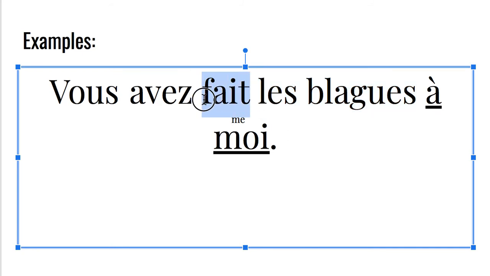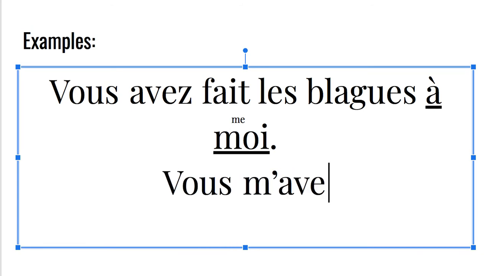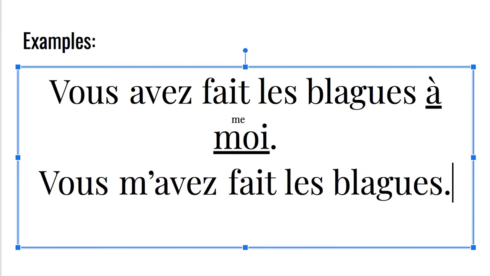Fait is a past participle with avez. So, because I have passé composé, I have to place my me right here before my avez. So, when I go to rewrite this sentence, it's going to be vous m'avez fait les blagues. So notice right here that I have done a contraction because I have ME and an A. So vous m'avez fait les blagues.